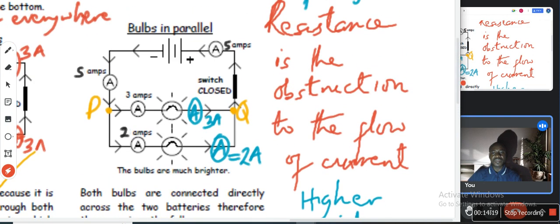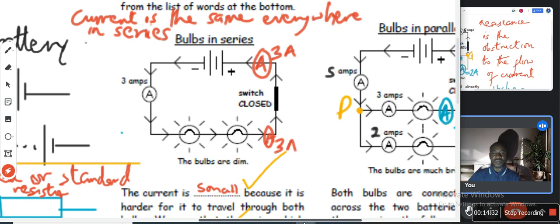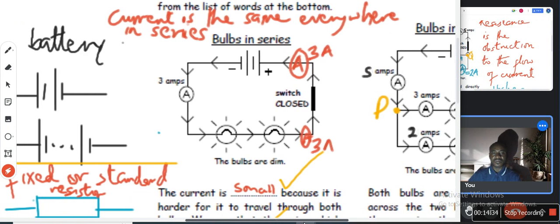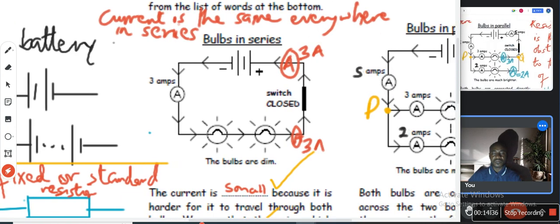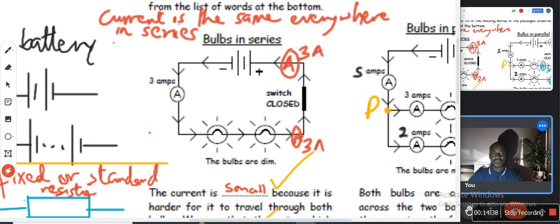Now, there's something you need to know about parallel circuits. Voltage is the same everywhere in parallel. What did I say? Voltage is the same everywhere. There's something that is the same everywhere in series. What is that? The current.